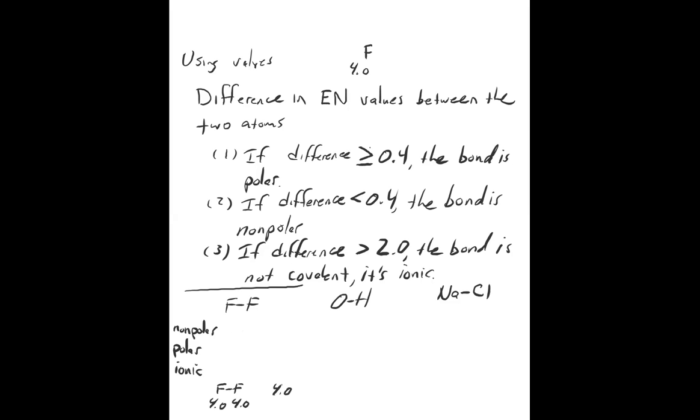It's two fluorine atoms. So if they're bonded together, they have the same electronegativity values. Well, what happens? If you take the difference, you get 0. Exactly, right? It's got to be 0 because they have the same electronegativity values. So this one would be nonpolar. It's nonpolar because it doesn't have any electronegativity difference. It's got to be greater than or equal to 0.4 to be polar, and it's got to be greater than 2 to be ionic. So that's a nonpolar molecule.